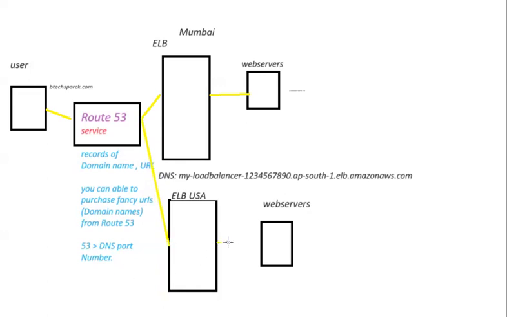After that, the request will be routed to the web servers, and then the response will come back and reach the users. So for high availability, if I have users in the USA region as well, then I provide my web servers there as well. For better business, I provided them there too.